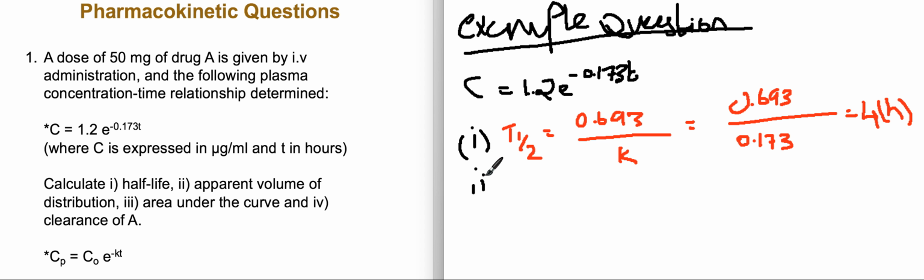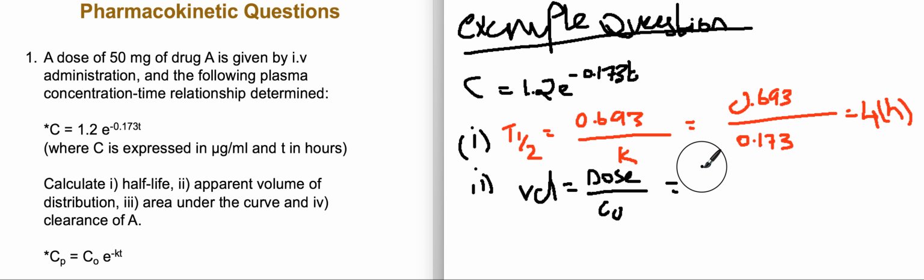Now, question 2 asks for the apparent volume of distribution. You know volume of distribution, VD, is equal to dose divided by initial concentration. Initially when time is 0, the initial concentration is 1.2.